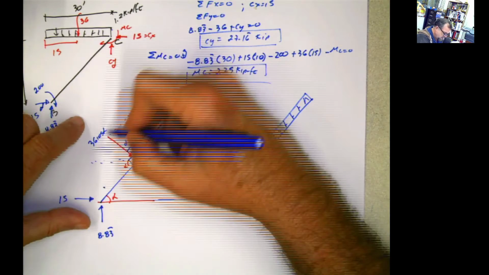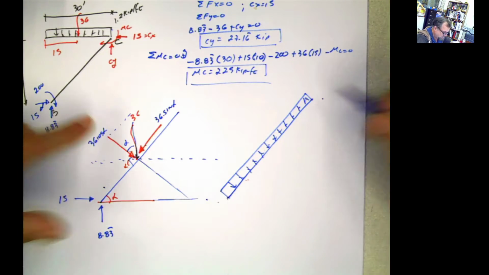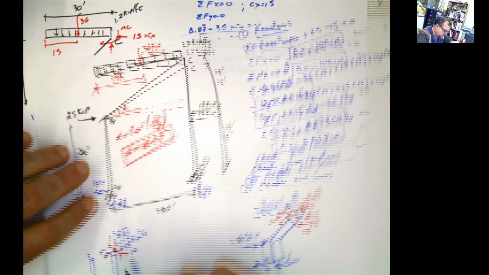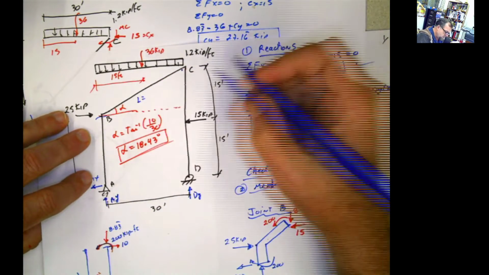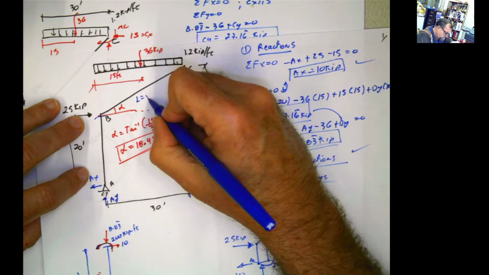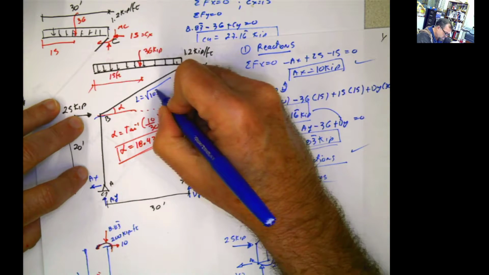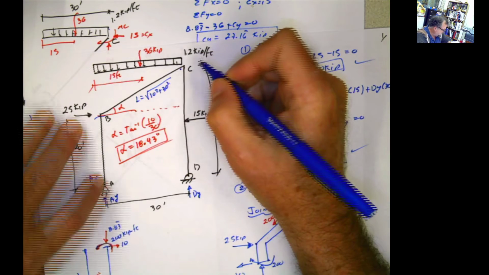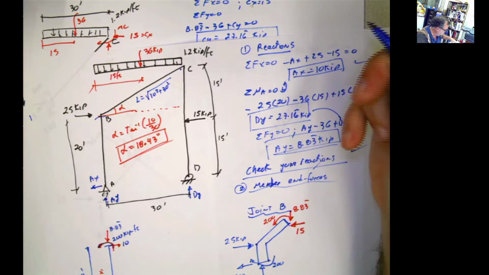Now this is going to be the area of this. And I know the length, or I should know the length at least. How much is that length? That length L is going to be the square root of 10 squared plus 30 squared.